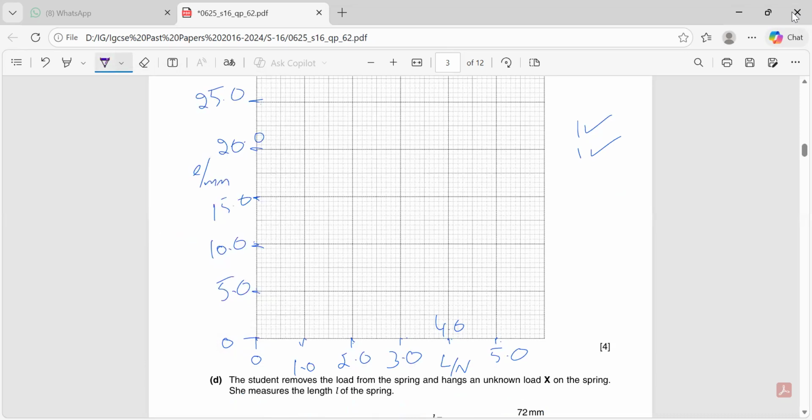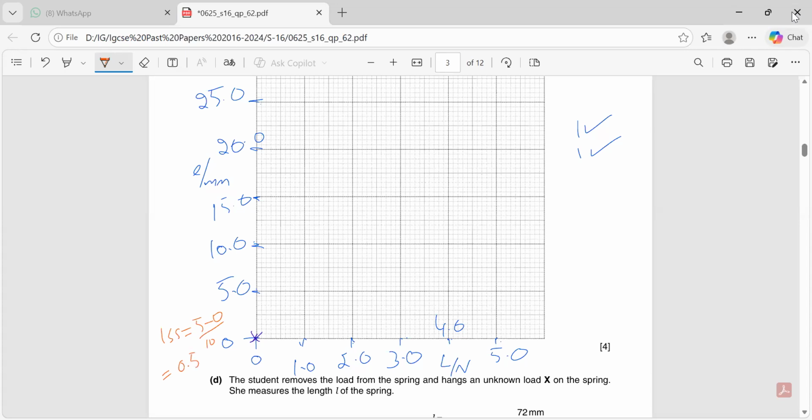If you are using dots, then they should be placed in a circle. Okay. Now, one thing, this is 5 boxes. What is one small square representing on the y-axis? That is 5 minus 0 over 10. So it means each small square represents 0.5 millimeter.